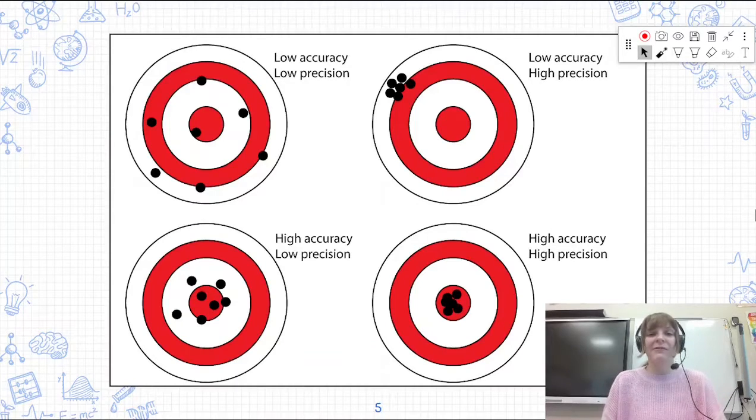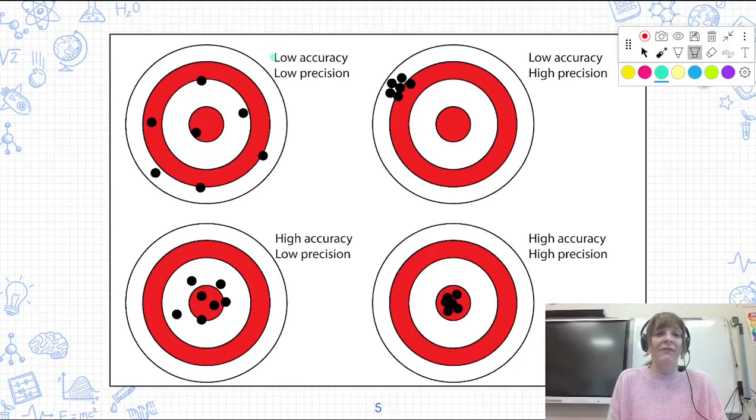So let's just visualize this for a moment here. We have this first bullseye here, and you can see that there is one dot located at the center, but the rest of the dots are spread out far apart, and they don't really sit anywhere. It's kind of like a random distribution. So in this example, we have very low accuracy, and we have very low precision, right?